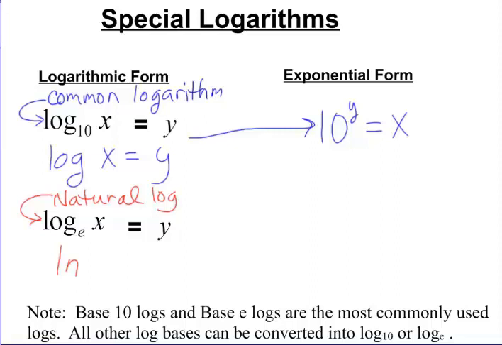This is how you abbreviate log base e. So if we were going to convert this, it'd be a base e. e is an actual number. Okay? So base e to the y power equals x. That'd be the total conversion for log base e.